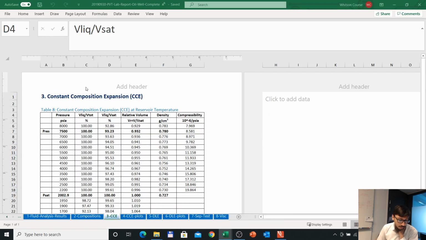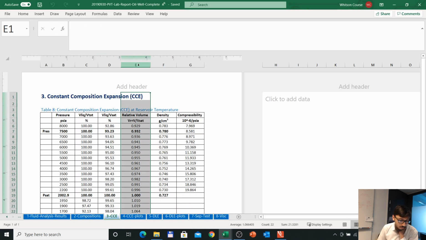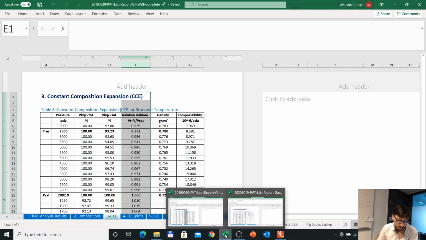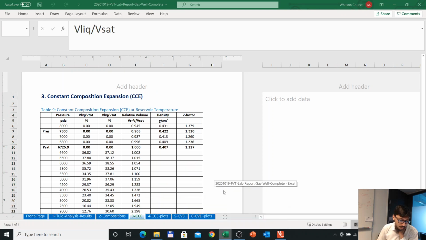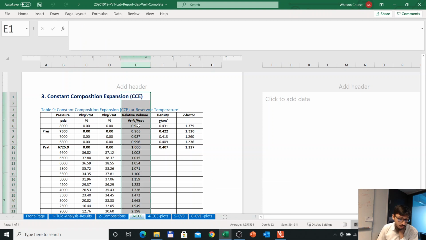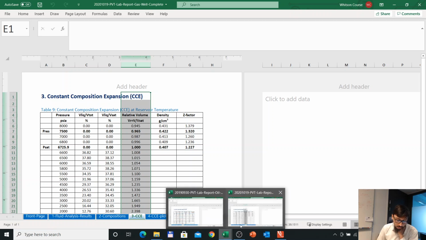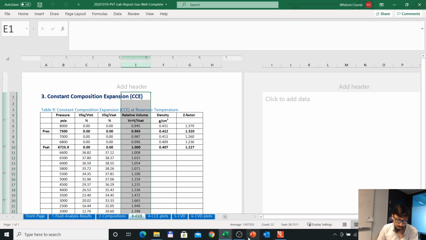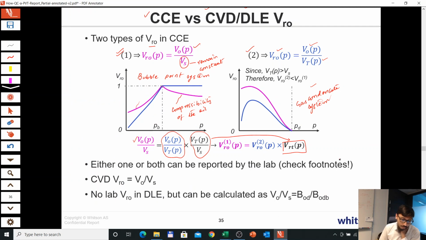That's this number, relative volume, V over V saturated, and we also have the same in the gas relative total volume. So we need that, and we just multiply it with the second type of relative oil volume to get the first type of relative oil volume.